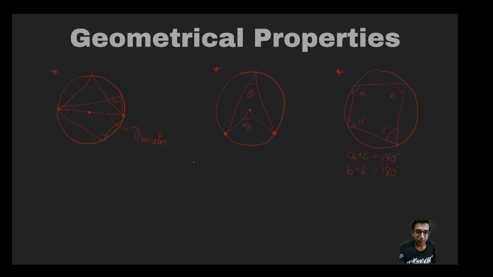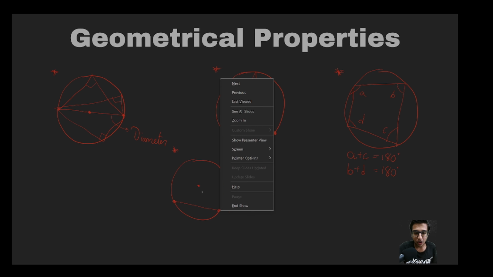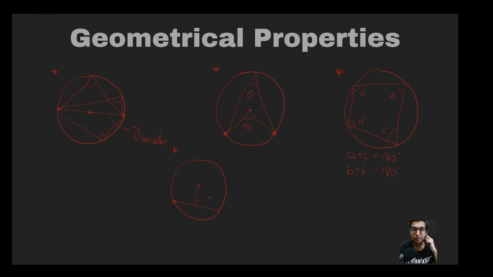Let's look at another property. Let's say this is my circle. Again, another important property I'm going to discuss. This is my center, and let's say this is a chord or secant inside a circle. These are the endpoints, of course. And let's say I drop a perpendicular on this line. I hope you all remember when we were studying straight lines, we had studied this concept.